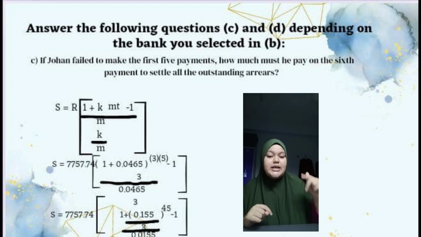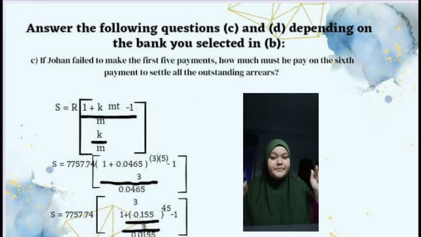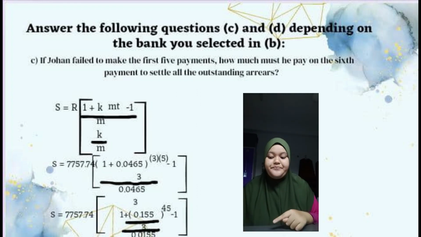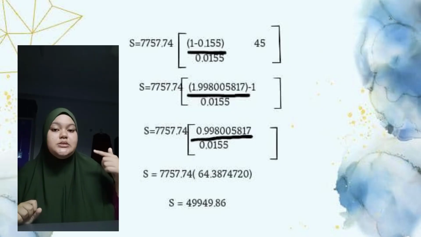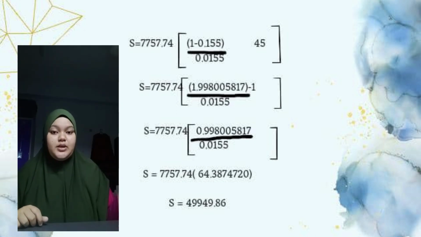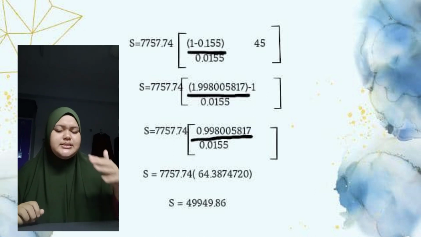S equals 7757.74, open the big bracket and open the bracket, 1 plus 0.0155, close the bracket, 45, close the big bracket. Next, 0.0155, close the bracket. It returns the same step.